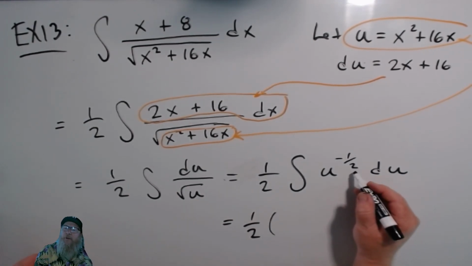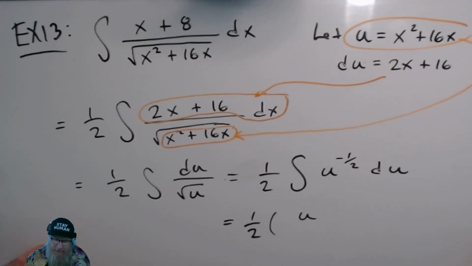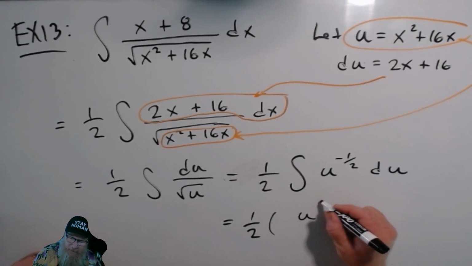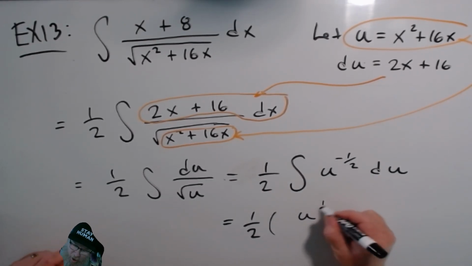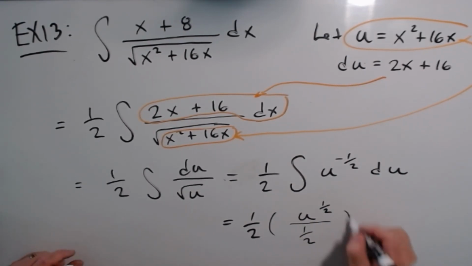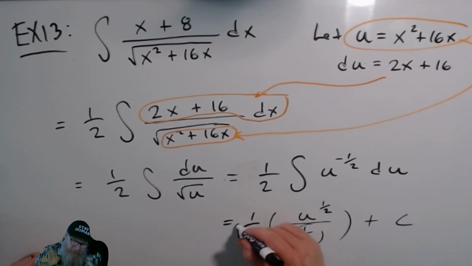All right, you remember the rule for powers? At this point, I hope so. It's probably one of the last times you're going to see it, well, maybe not the last time, but the last time that I'm going to say it that way. From now on, I'm just going to do it. It's going to be common sense. So we're adding 1, so that becomes positive 1/2, and then we're dividing by 1/2. So we're going to flip and multiply.